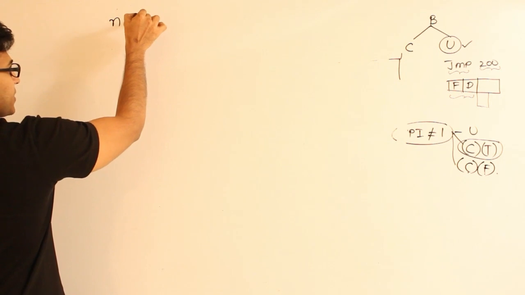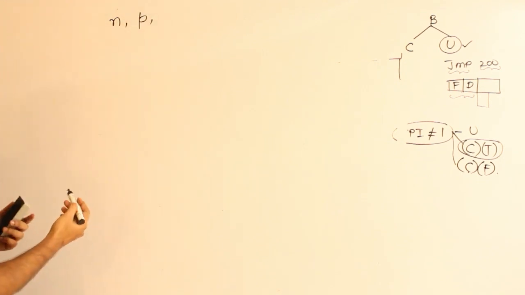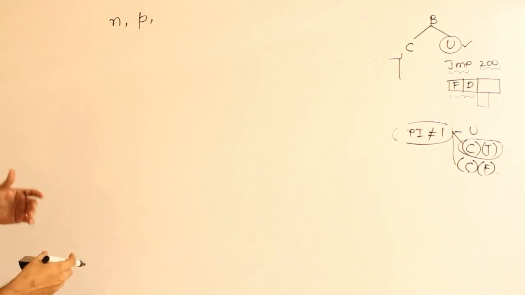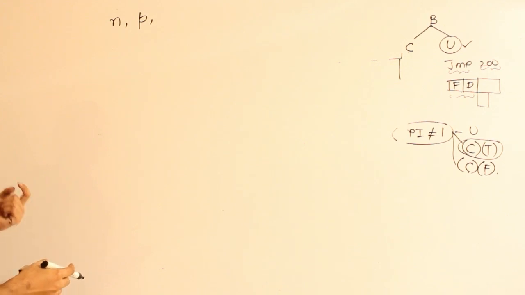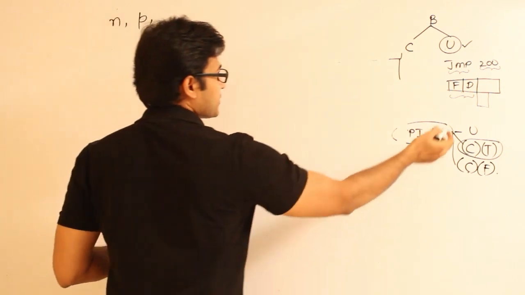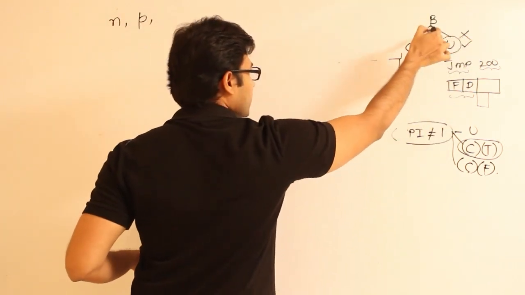with a probability p, there is a probability p that an instruction is a conditional instruction, and we don't have any unconditional instructions here. We are talking only about conditional instructions.